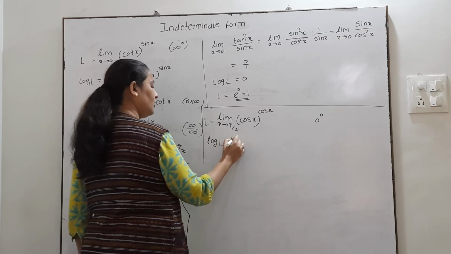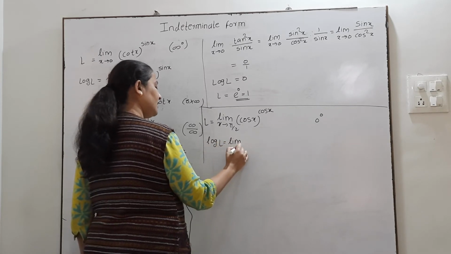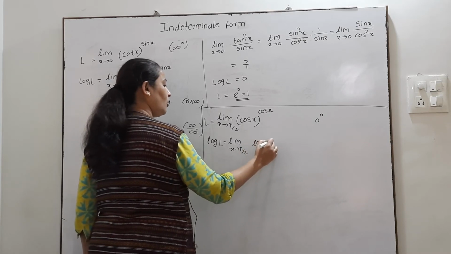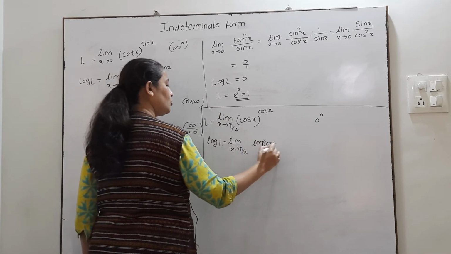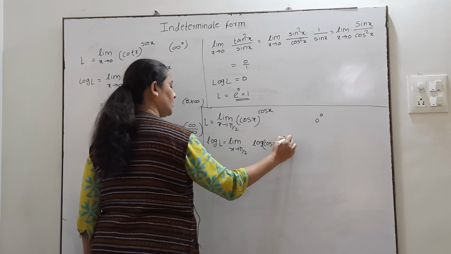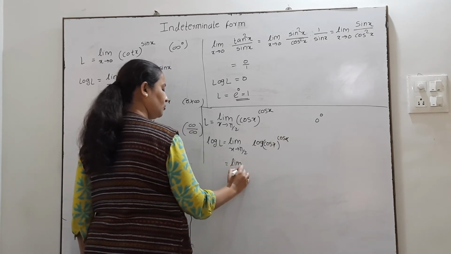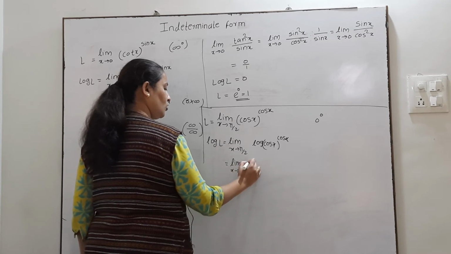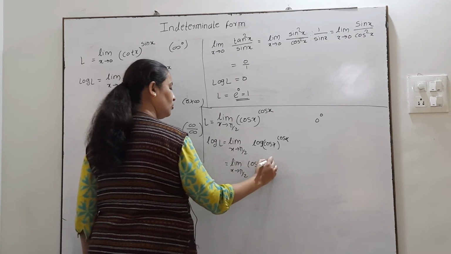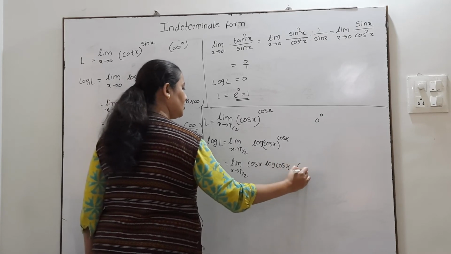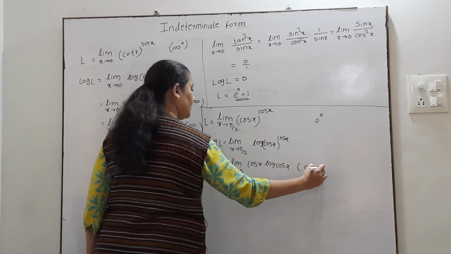Log L equal to limit as x tends to pi by 2 of log of cos x raised to cos x, that is equal to limit x tends to pi by 2 of cos x into log of cos x. This is in the form of 0 into infinity.